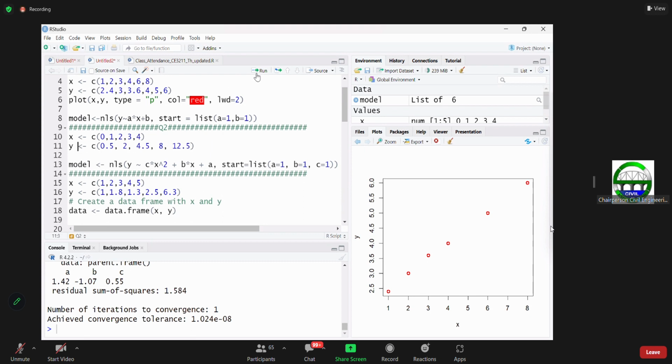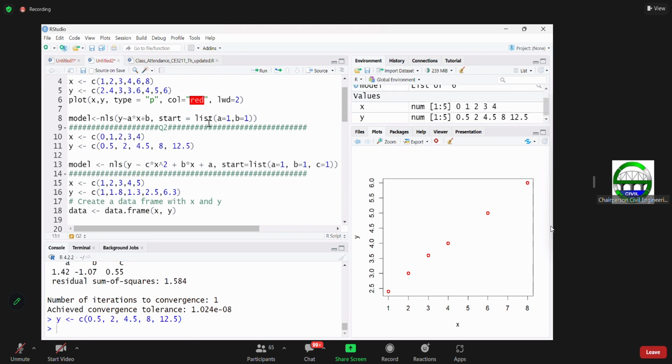Okay, so y was this one. And then we said that we want y is equal to ax raised to power b. Sorry.